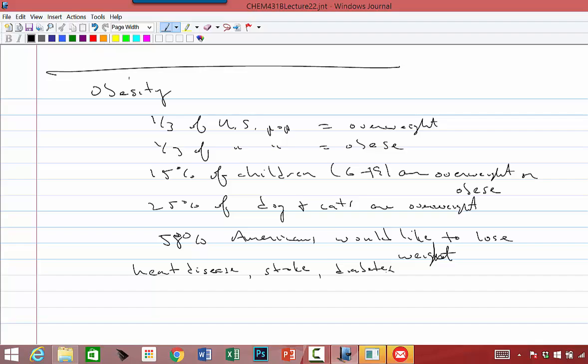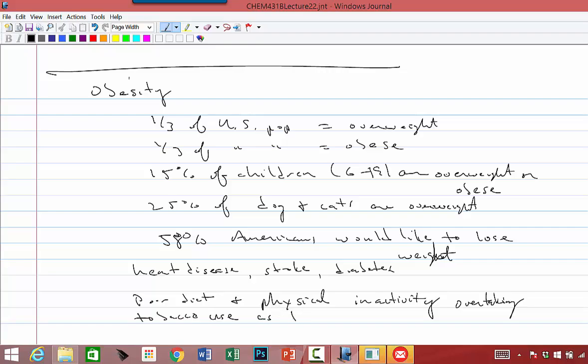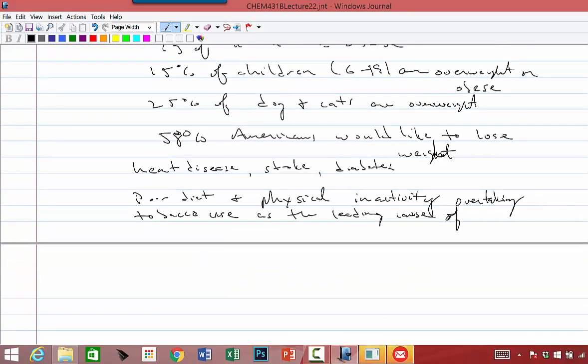And then it seems that now poor diet and physical inactivity is overtaking tobacco use as the leading cause of preventable death.